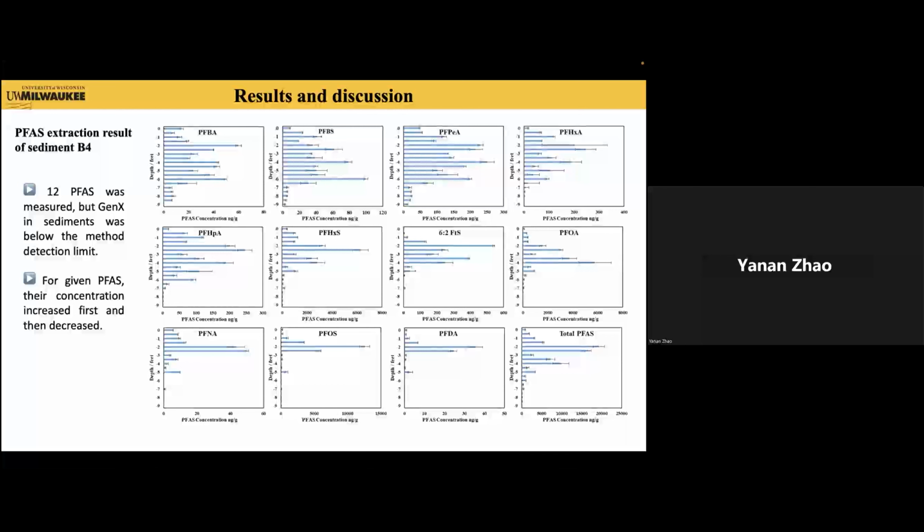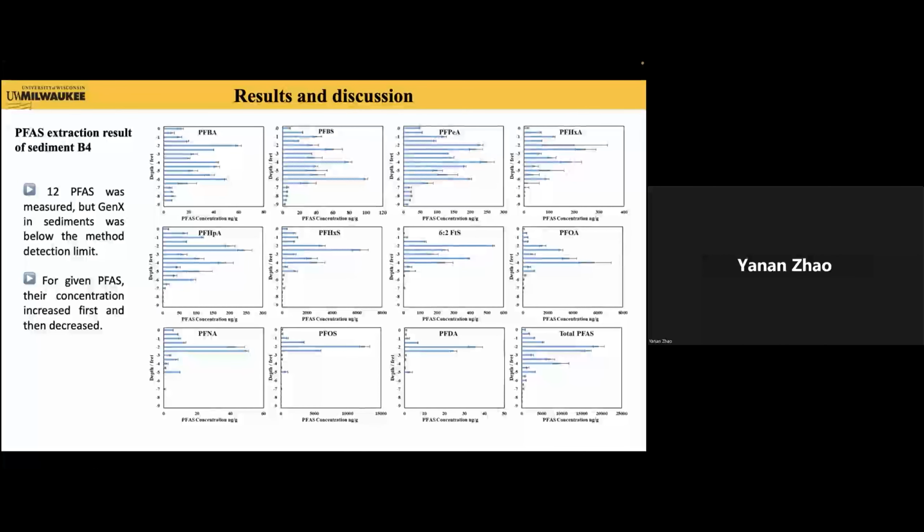Another thing we can recognize is the position of the peak, the highest concentration position of each PFAS. Here we can see the peak position of long-chain PFAS, such as PFOS, PFNA, and PFDA. Their peak shows at a shallow layer compared with the short-chain PFAS like PFBA, PFBS, PFPeA.